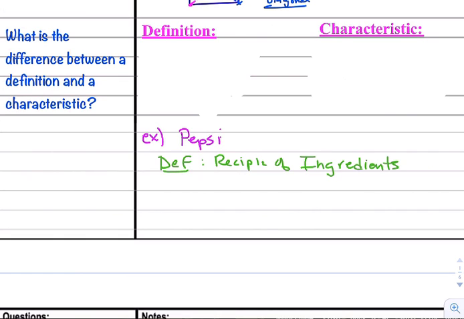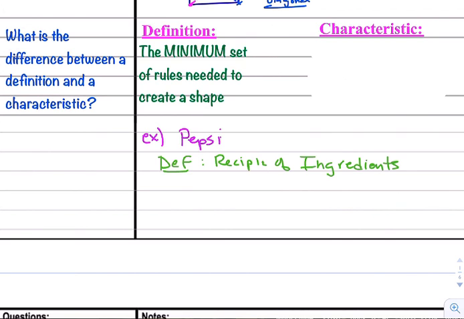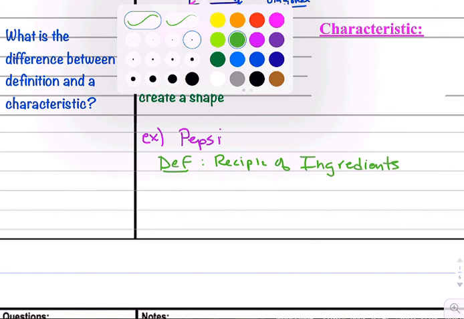In other words, what actually makes Pepsi, like how much sugar, how much this, how much that, how do you mix it, how do you cook it for how long? That's what actually defines Pepsi. It defines Pepsi because it's actually what you need to create Pepsi. And ultimately, that's what I mean by definition. It's a minimum set of rules or requirements needed to create a shape. In this context of Pepsi, it's what's needed to actually create Pepsi.